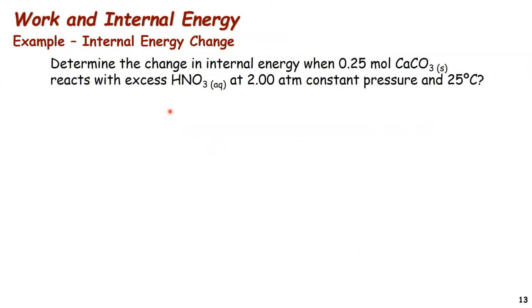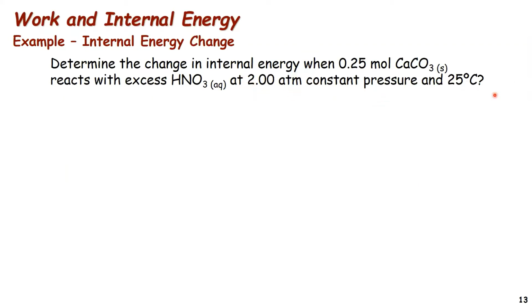So let's actually quantify this. We have our cylinder. We have 0.25 moles of calcium carbonate in it. We have an excess amount of nitric acid, so all the calcium carbonate is going to react to form carbon dioxide gas and water. And we have a constant pressure, so including the atmospheric pressure and the weight, that resulted in a force of 2 atmospheres.